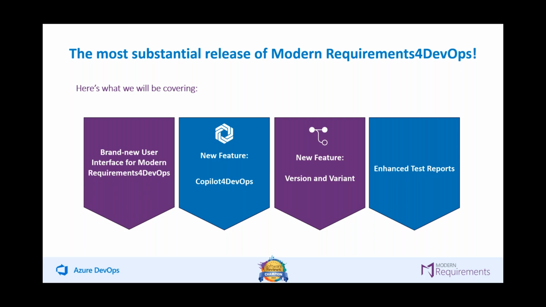First up, we have a new user interface. It's simpler to navigate and it further aligns the look and feel of Azure DevOps. We're launching Copilot4DevOps, our AI assistant that allows BAs to harness the power of AI to improve the quality and accuracy of your requirements and have fun doing it.